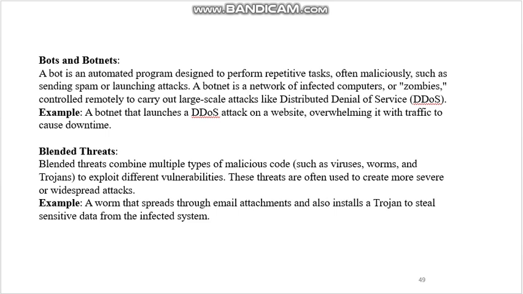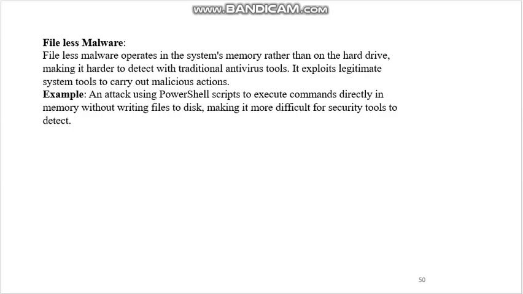Blended threats. Next, these combine multiple types of malicious code such as viruses, worms, trojans to exploit different vulnerabilities. These threats are often used to create more severe or widespread attacks. The example is a worm that spreads through an email attachment and also installs a trojan to steal sensitive data from an infected system. And the last is fileless malware.